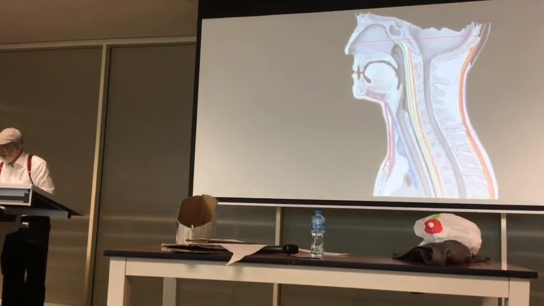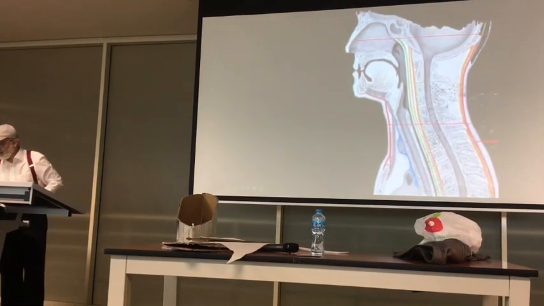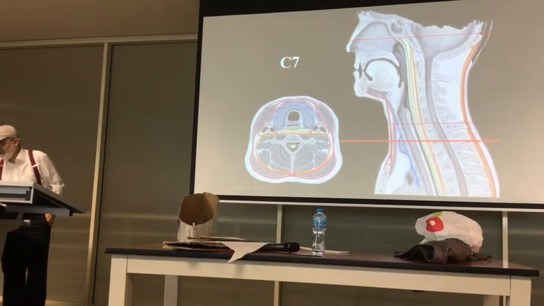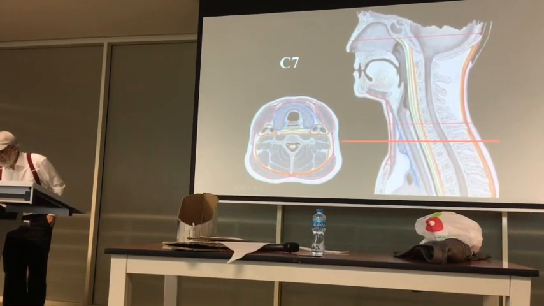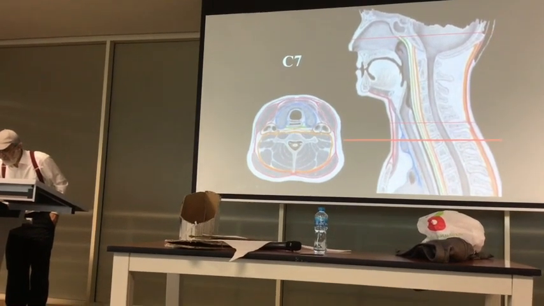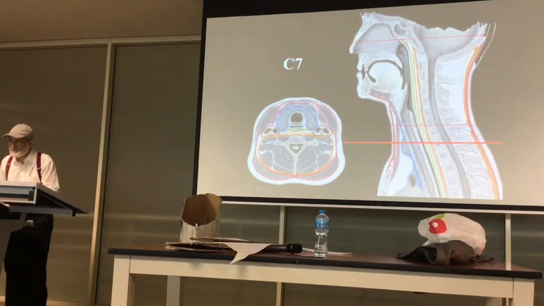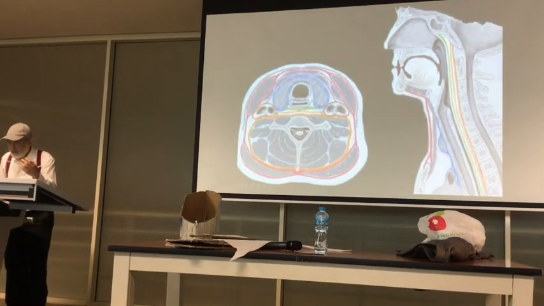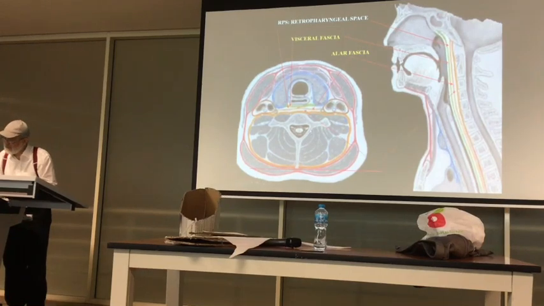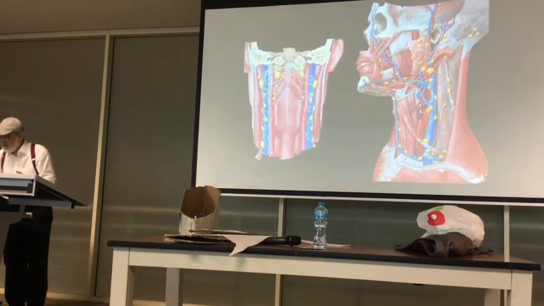Last but not least, I want you to remember always the dangerous space, which is here. It can take me down into the danger space, which is behind the alar fascia. If I have an infection here, it will go down around the heart in the mediastinum. There is another thing.